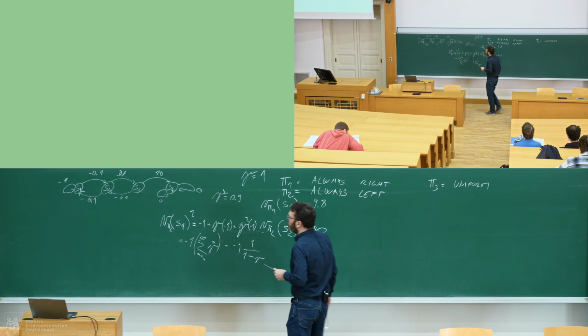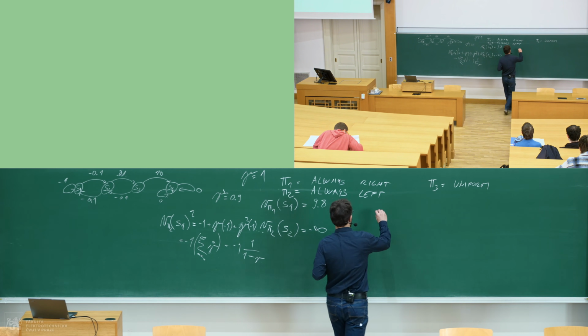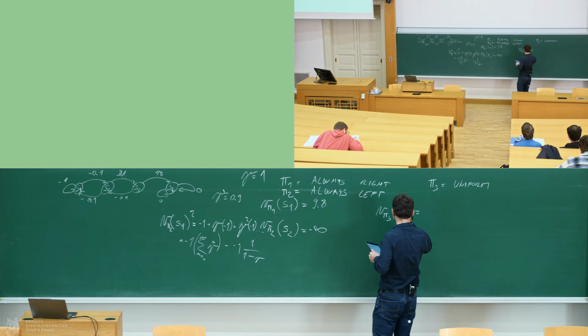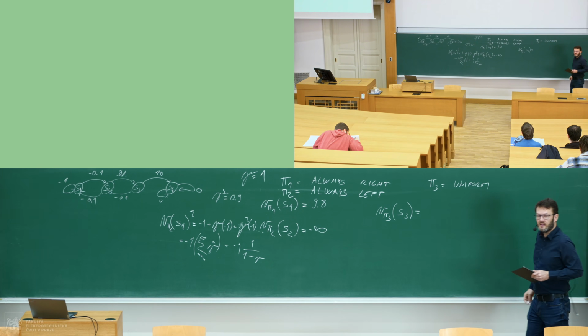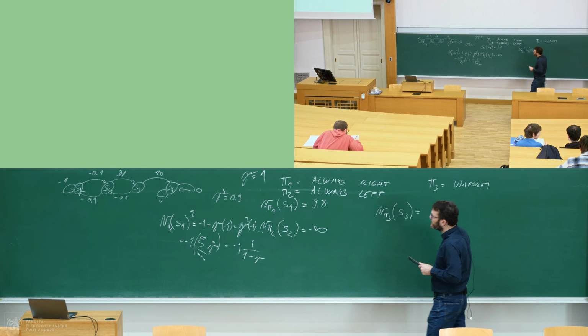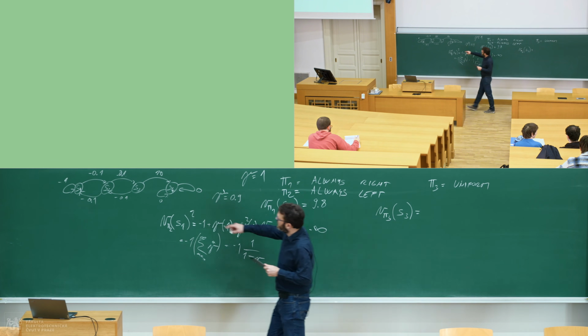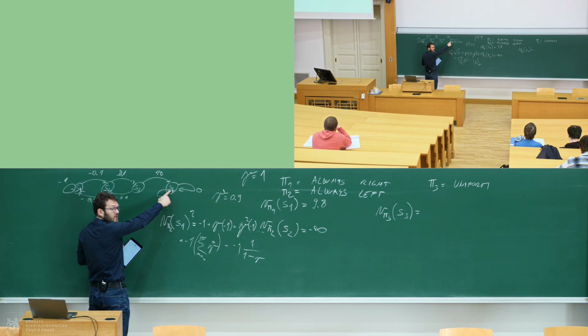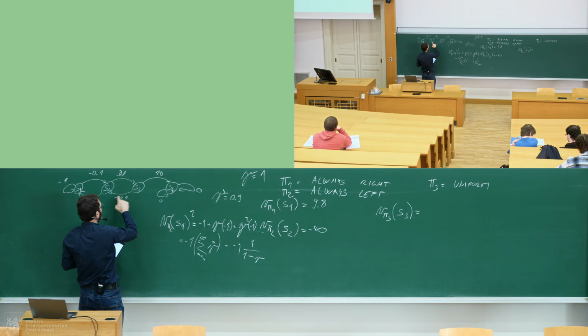So let's say that we want the value function of pi3 in state S3. And it will be a mess to compute, right? But what you can say is that, so you are in S3, you are uniform, so with probability 1/2 you would go here. With probability 1/2 you would go here, right?